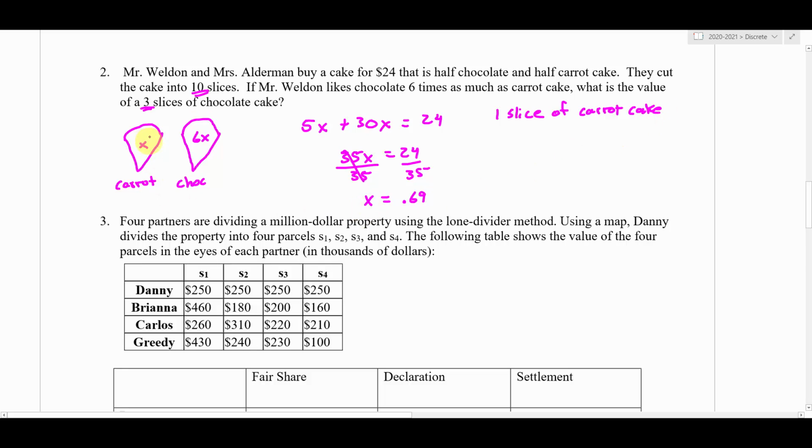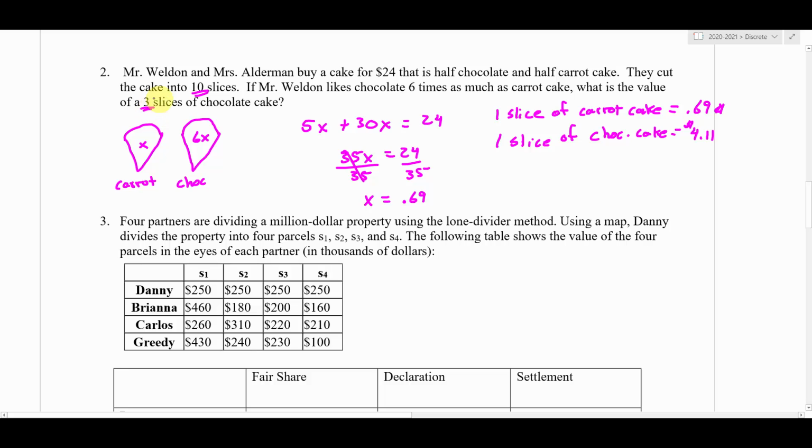So X represents 1 slice of carrot cake, so 1 slice of carrot cake is 69 cents. Which means 1 slice of chocolate cake has to be 6 times this amount. So if I take 0.69 and multiply by 6, we should get $4.11.